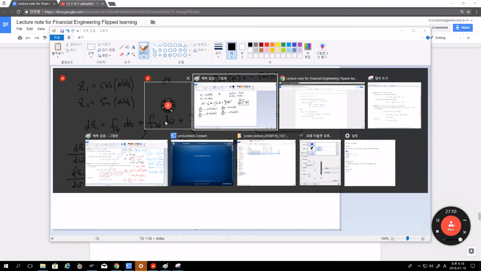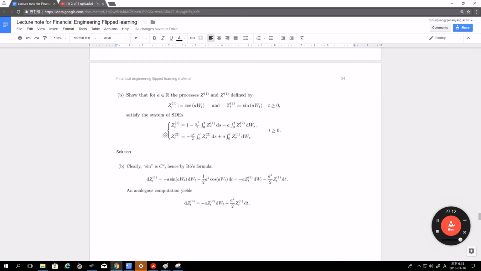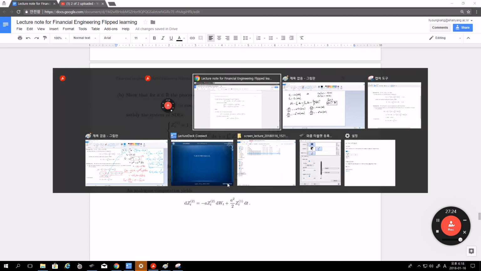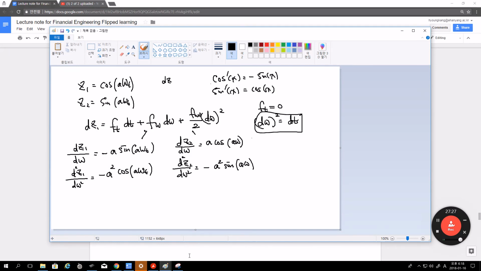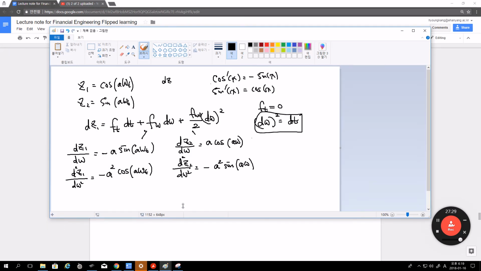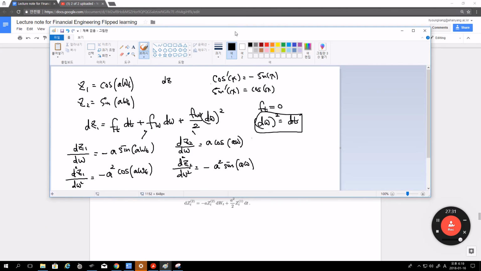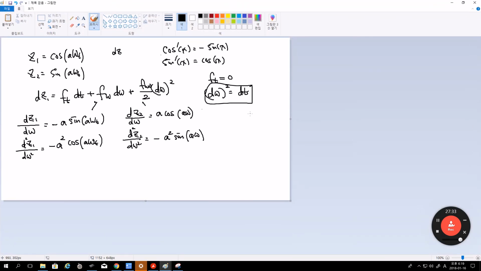Then we are going to have a solution something like this. dz1 is minus a sine aw dw and minus half a square cosine aw dt, which is basically, yeah, if you compare this one over here, the solution over here. Actually, let me write it down.